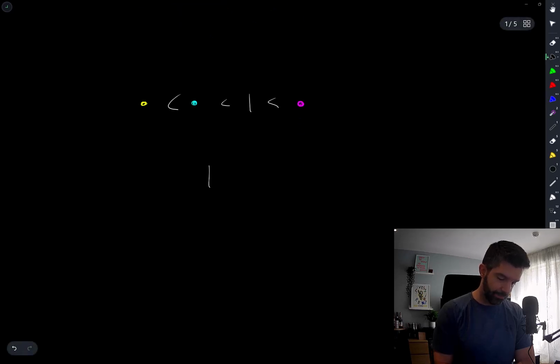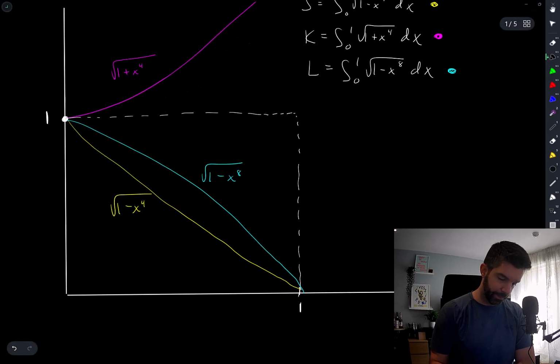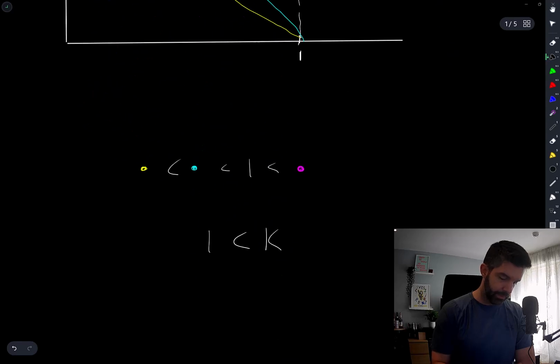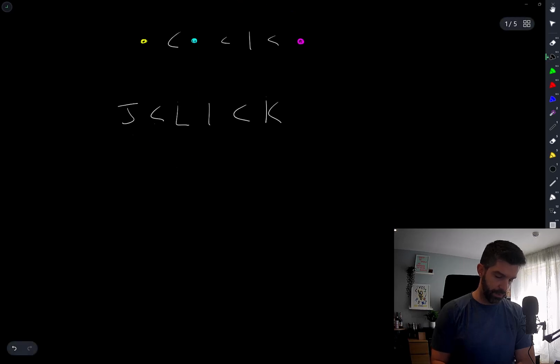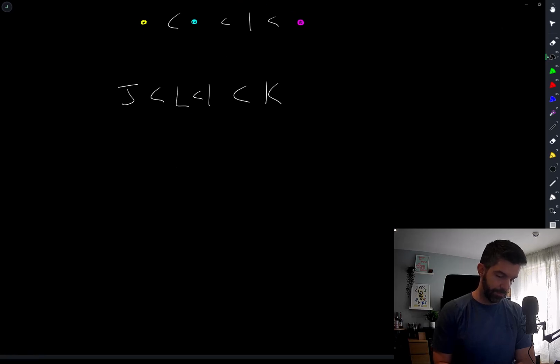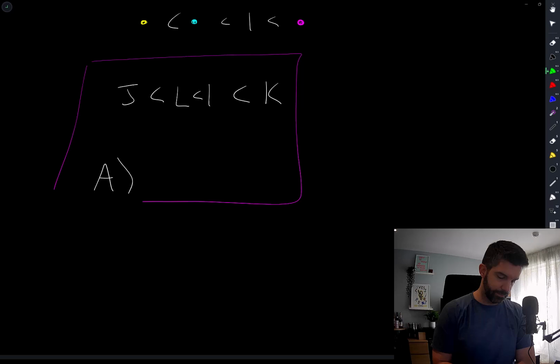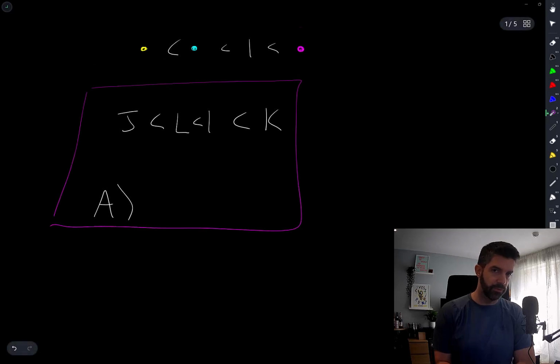So 1 is less than K. And then the blue one is L, and the yellow one is J. Oh, okay, J, L, 1, K, and that's option A in the test. If I swap these two, L, J, 1, K, that's also an option. So that's the only other one that's even reasonable to choose here.